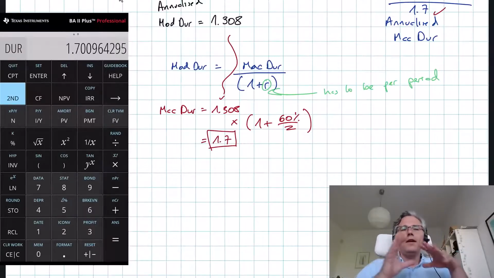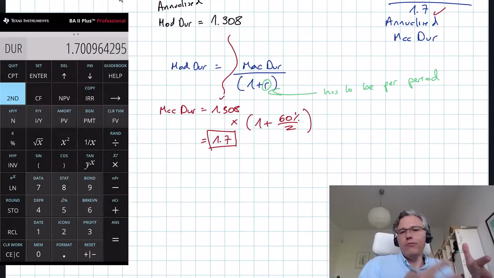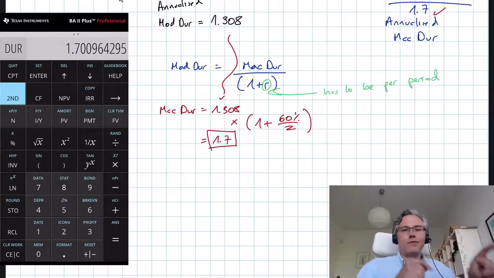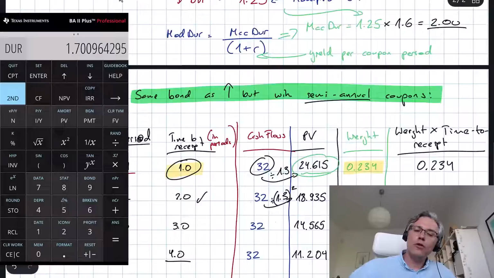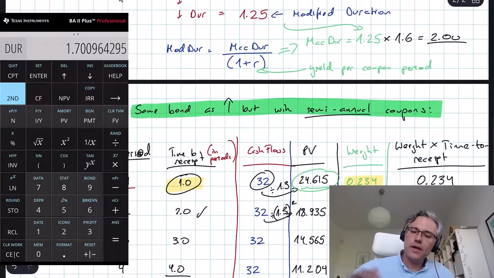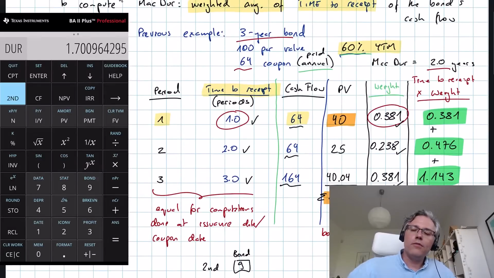So look, use your calculator always to compute duration. Your calculator will return modified duration. If you're asked for Macaulay duration, you need to multiply by 1 plus R, but with annual coupon paying bonds, the R will simply be the yield to maturity on the bond expressed in an annualized way, 60%.